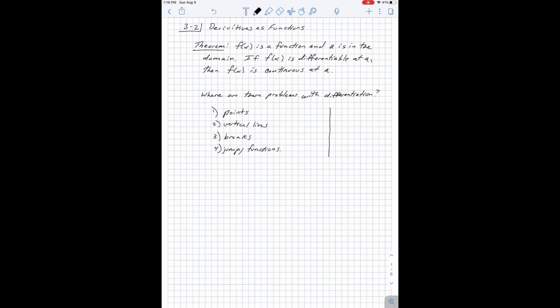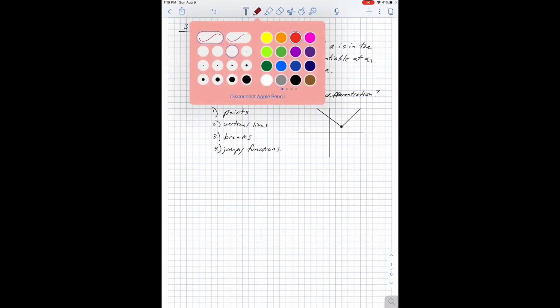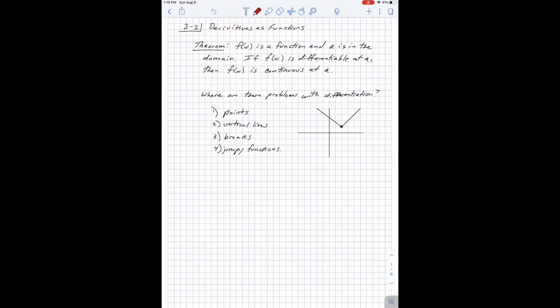Points. Anything with a pointy edge is going to create a problem. So the first things that come to mind with that are often absolute value functions. So here's an absolute value function. The problem is right here, because if I'm going to draw a tangent line, this right here is a tangent line that goes through the one point.